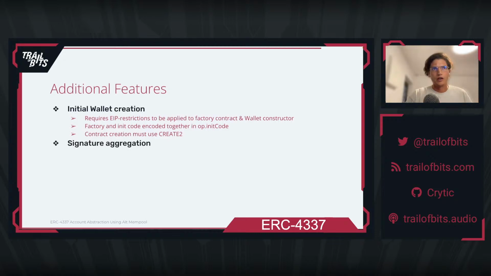So moving on, there's also the feature of signature aggregation. This is a useful feature for rollups. With aggregated signatures, we can only check one signature instead of n. So n signatures are aggregated to one signature.